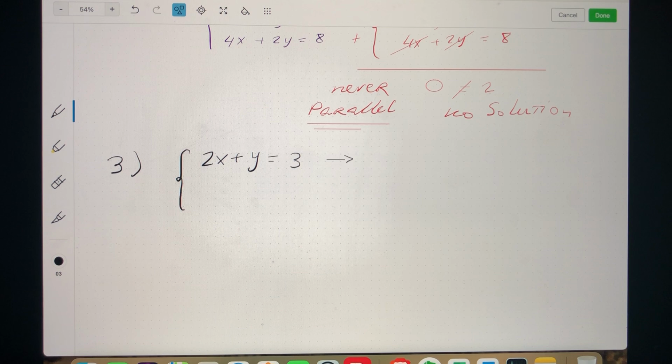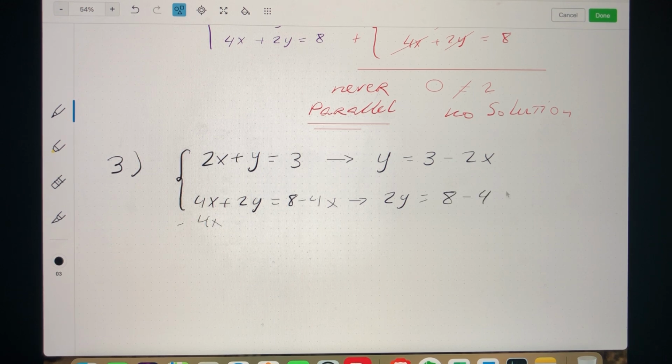Solving it for y, we subtract 2x from both sides, making 3 minus 2x as before. Now the second equation is 4x plus 2y is 8. To get y by itself, we subtract 4x from both sides, and that makes 2y equals 8 minus 4x. Dividing everything through by 2, we'll get y by itself.